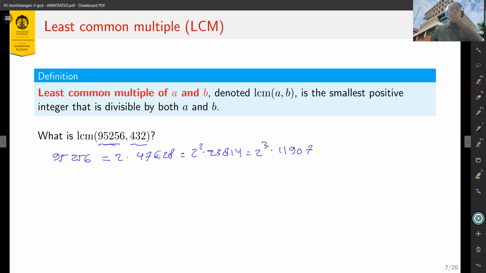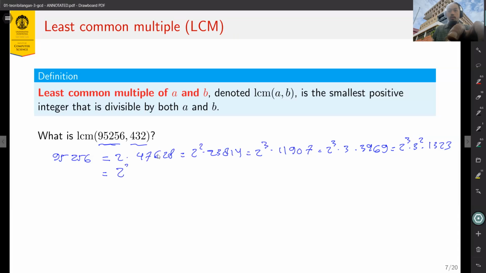11,907, and this is divisible by 3, I think. Times 3,969, and then this is divisible again by 3 times 1,323, and this is again divisible by 3, 441.